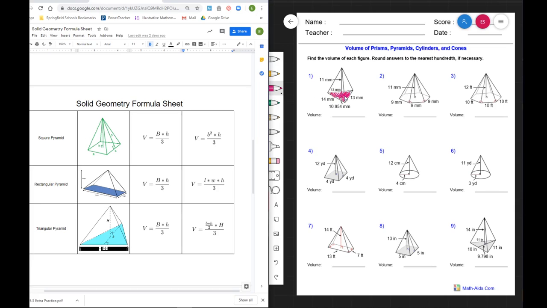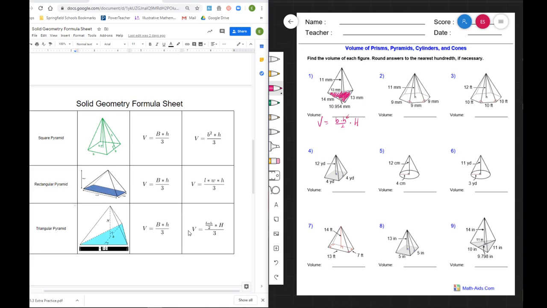We look through our formula sheet for anything that looks like one of these. Hey, look, this base here is a triangle. That's how we get the name of the base of our shape. So this is a triangular pyramid. The formula we're going to use for number one is volume equals base times height over 2, times the height of our overall pyramid.